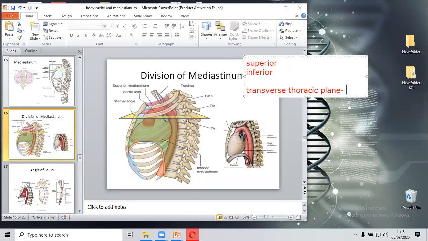This transverse thoracic plane is an imaginary plane only. You will not see this plane in the body.